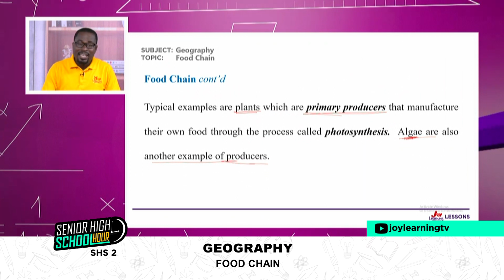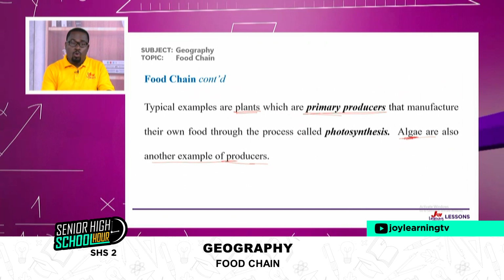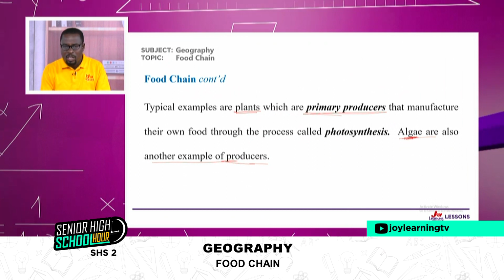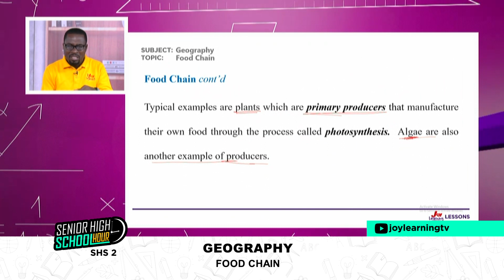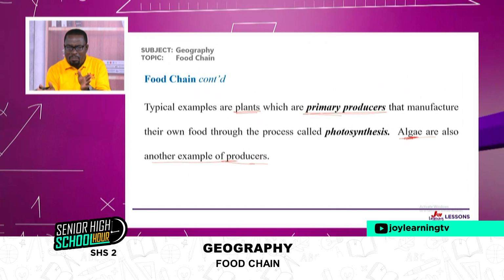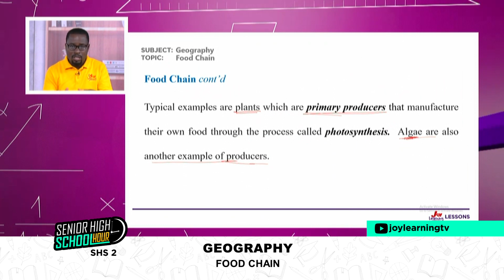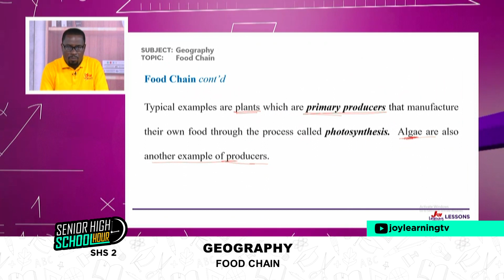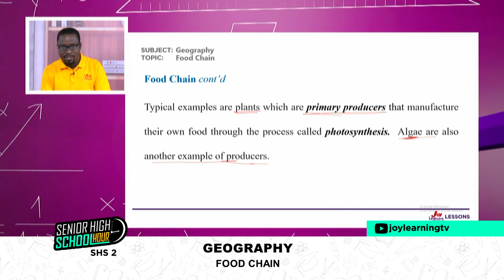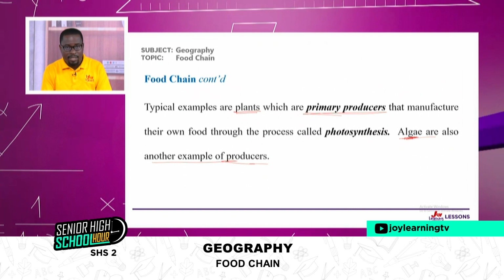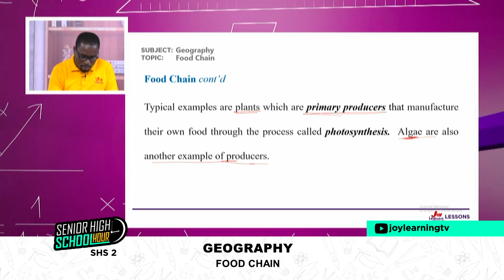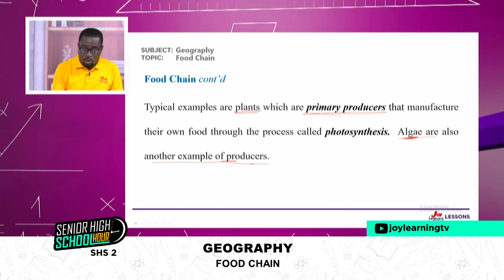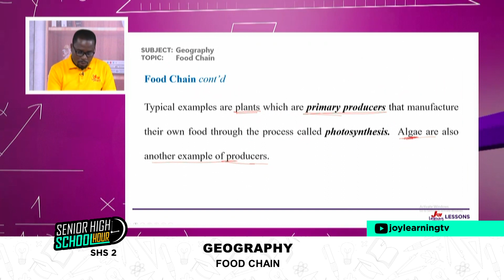And the algae are the plants that grow in waters, also on the surface of the waters, without having conspicuous stems, roots, or leaves. I believe you have seen those plants on water bodies before. We call them what? Algae. But if it is one, alga. Is that okay? Good. So it is also an example of the primary producers.